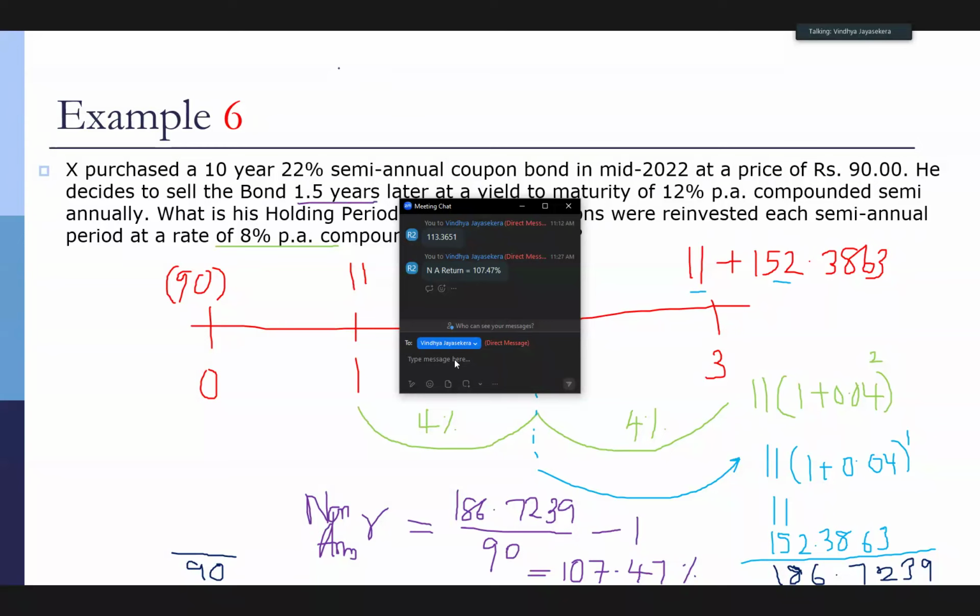What is your annualized return? 59. It looks a little on the low side. I feel that it's not correct.